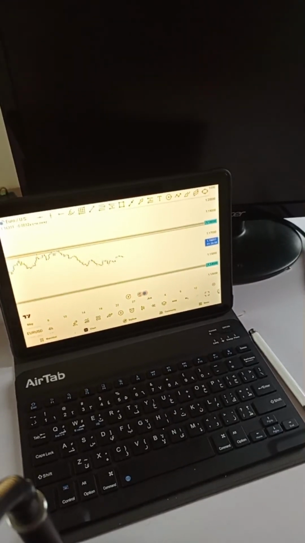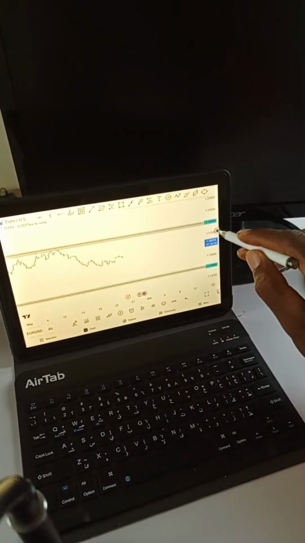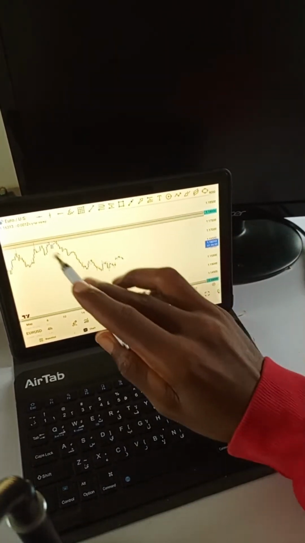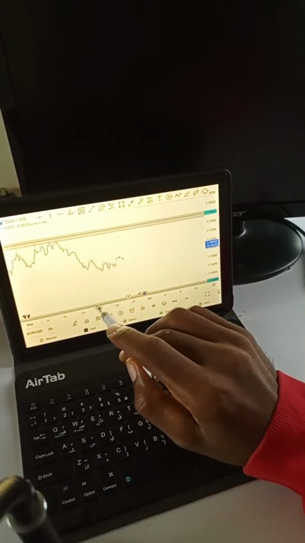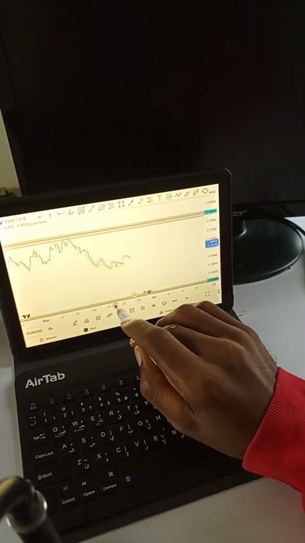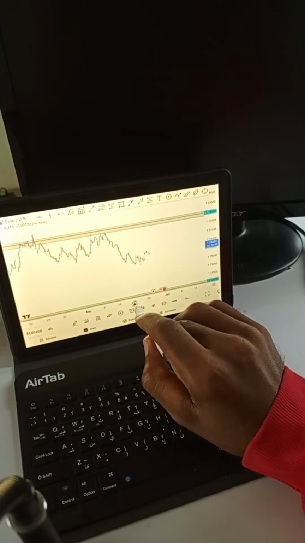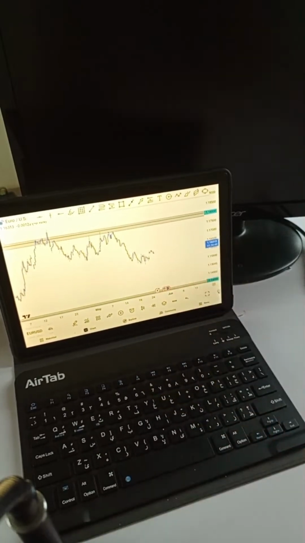So on the 4 hours on euro, this is what you see. We've been creating lower lows and lower highs, lower lows and lower highs. Euro is actually crazy. We saw it bearish since the other day.